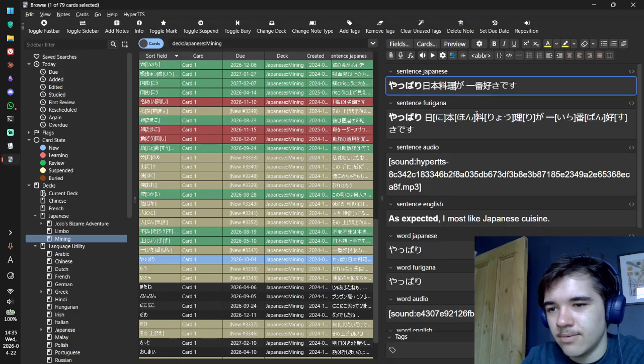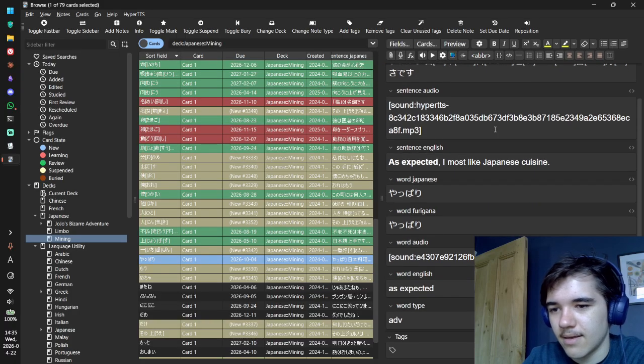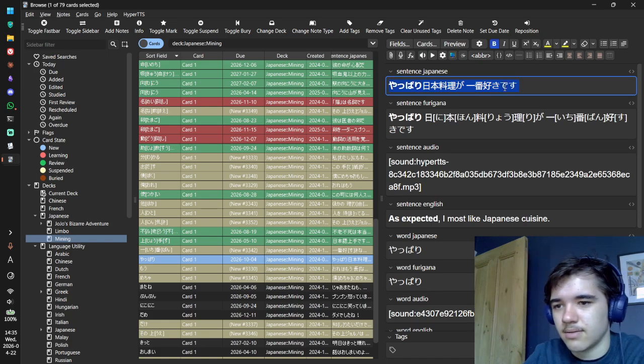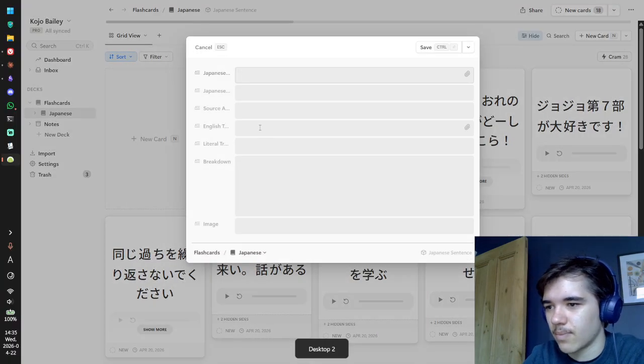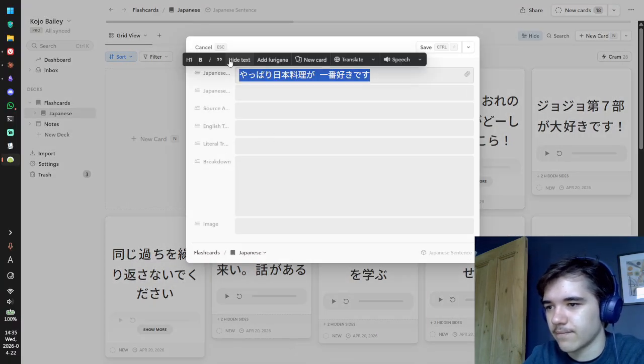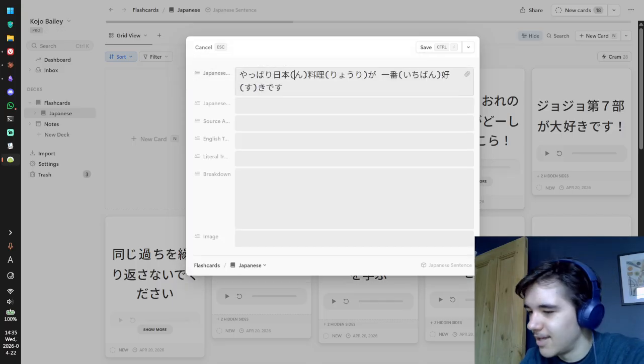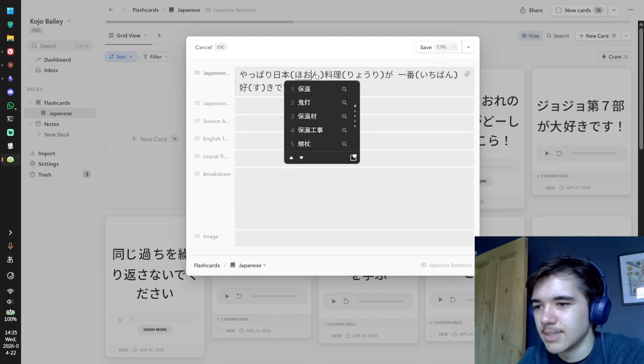やっぱり日本料理が一番好きです。Yappari, as expected. My favorite. Yeah, this is cool. Why is it Nippon? Who is using Nippon?